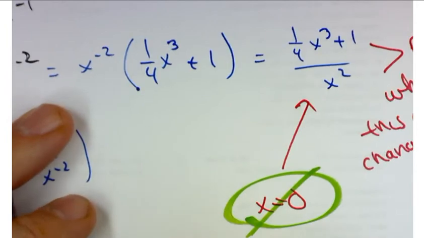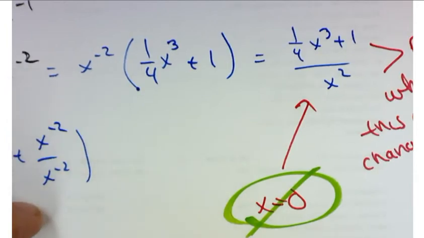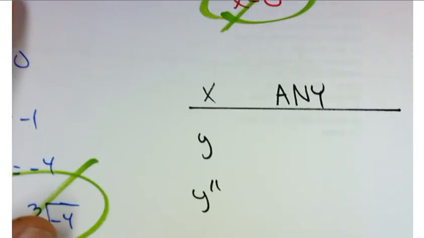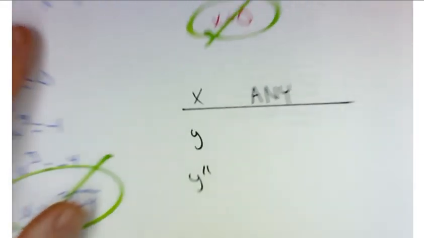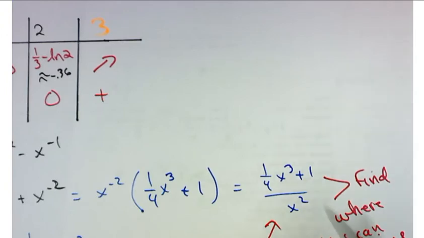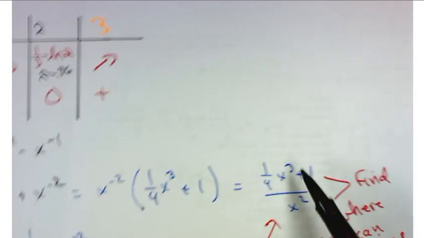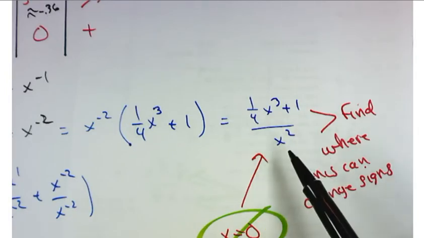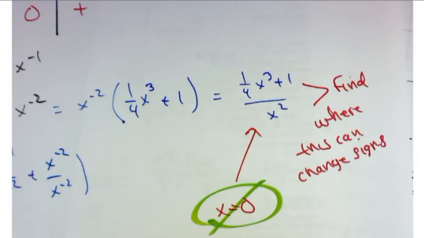So x, y double prime, any value at all. Yeah, I just choose x equal 1, right? If you choose x equal 1, the numerator is positive, the denominator is positive, the second derivative is positive.